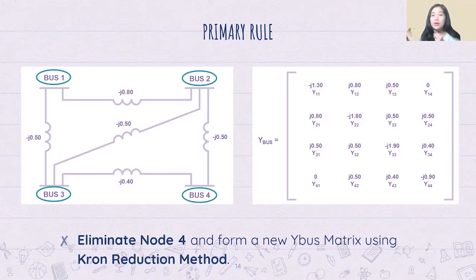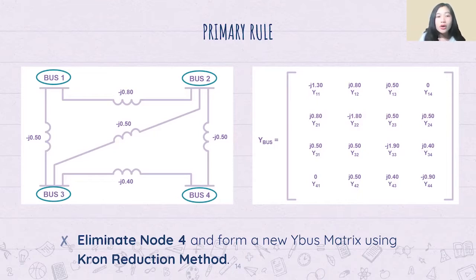How about Y12, Y13, Y14, which we call the off-diagonal values or off-diagonal coefficients? For example, Y12: when we say off-diagonal, this is the admittance that connects two buses, from one bus to another bus. Y12 means bus 1 and bus 2. What is the admittance in between them?